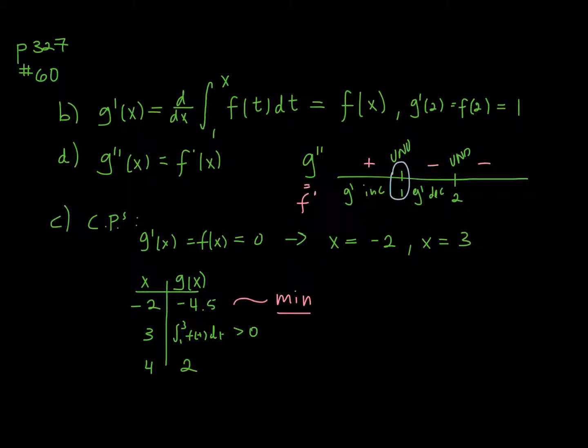Evaluating g at -2, which you did in part A, is simply that definite integral from 1 to -2, and that's -4.5. Evaluating at 3, you can see pretty clearly the area under the curve from 1 to 3 is going to be greater than 0. And you already evaluated in part A g of 4, which is 2. So the minimum is clearly going to be -4.5, which occurs at x equals -2.